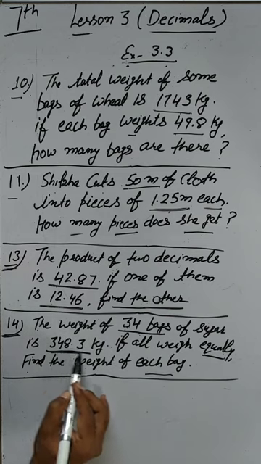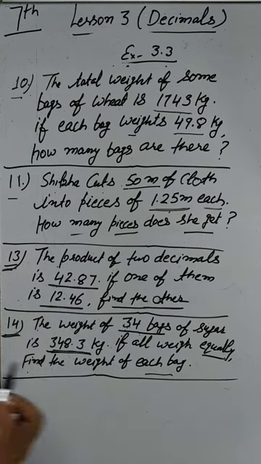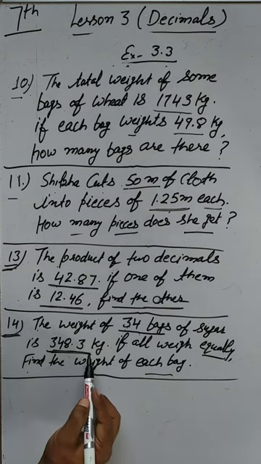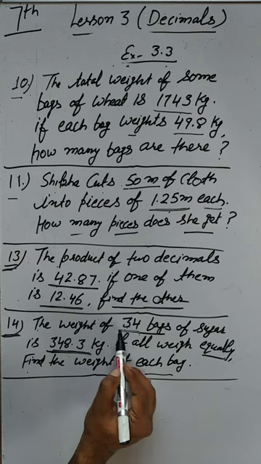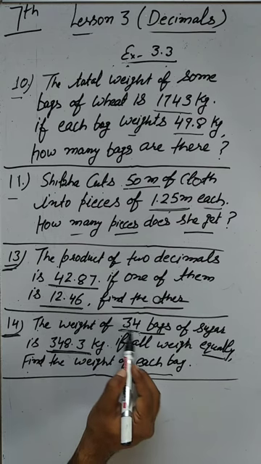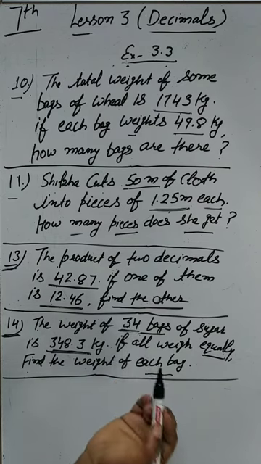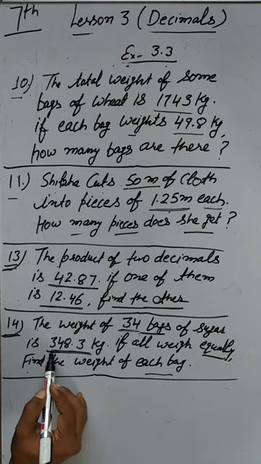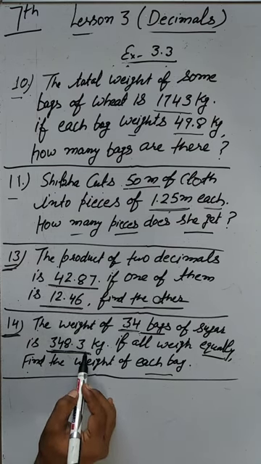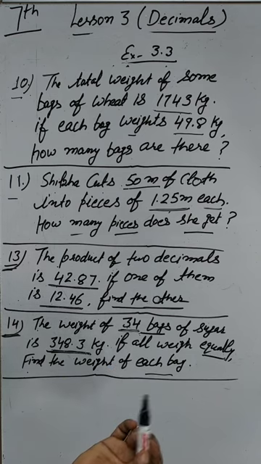Now look here, beta, the total weight is 348.3 kilograms. This total weight is divided into 34 bags. Then the weight of each bag will clearly be 348.3 divided by 34. Then you will find the weight of each bag.